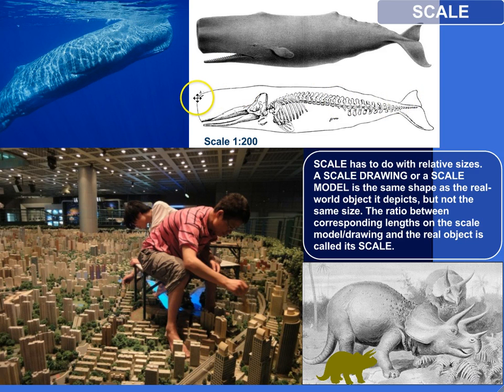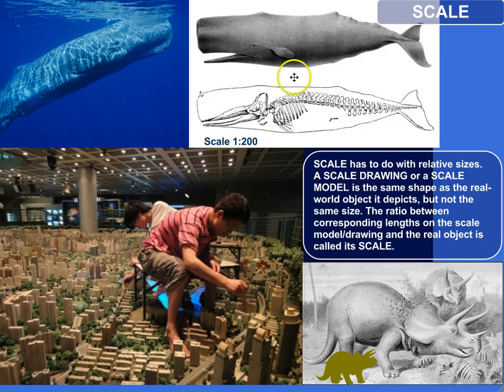What that would mean is, for example, the proportion of the length of the back on the drawing to the length of the real back of the sperm whale is the same proportion as the ratio of the length of this part of the whale, the front of the head or face or whatever that is, to the real face.